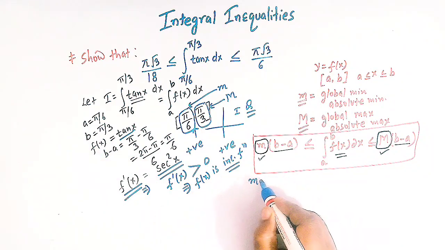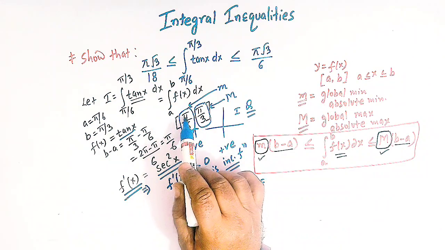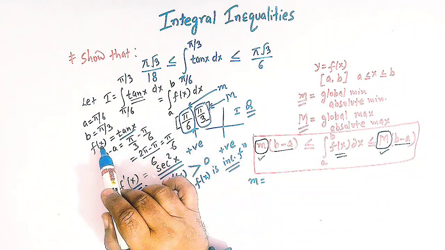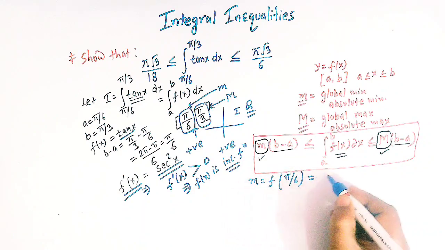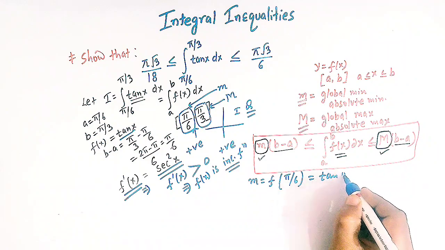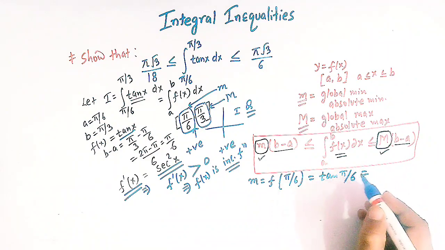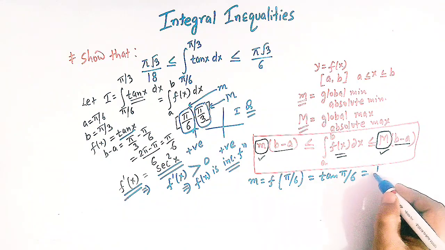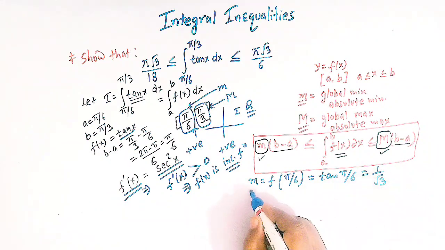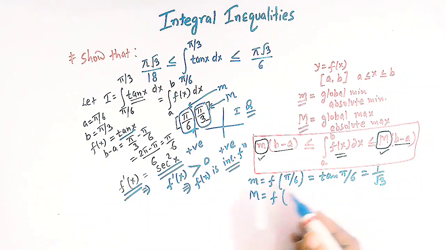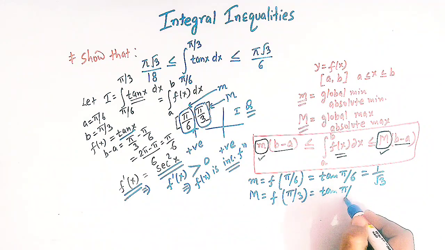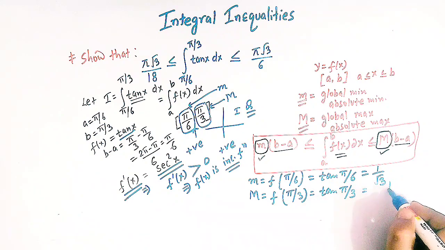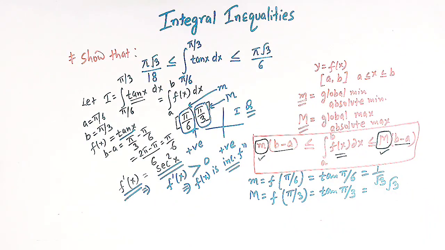So now small m can be obtained by taking x is equal to pi by 6 in this function. So we have f of pi by 6. So f of pi by 6 is tan of pi by 6. This is tan 30 degrees. So this is 1 over square root of 3. And the capital M is given by f of pi by 3, that is tan of pi by 3. So this is tan 60 degrees, which is equal to square root of 3, right?